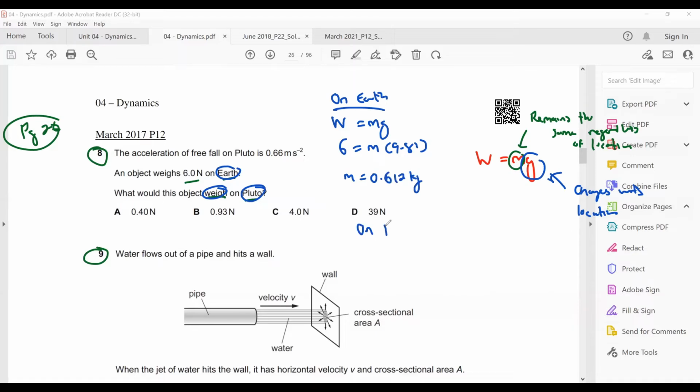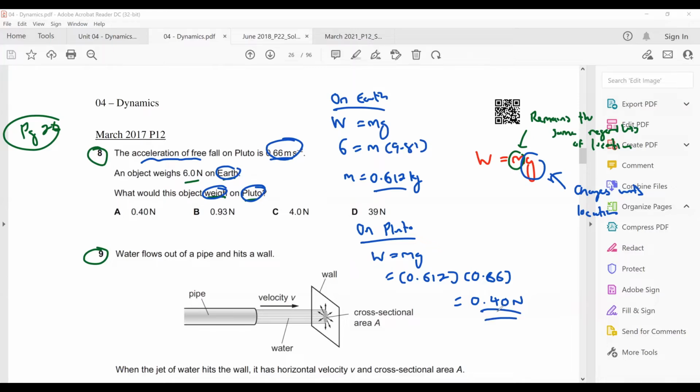Then on Pluto, W equals mg. The mass must be the same. It will be 0.612 times the acceleration of free fall on Pluto, 0.66. You're going to get 0.612 times 0.66, giving you 0.40 Newton. If I change to 2 s.f., the answer is A.